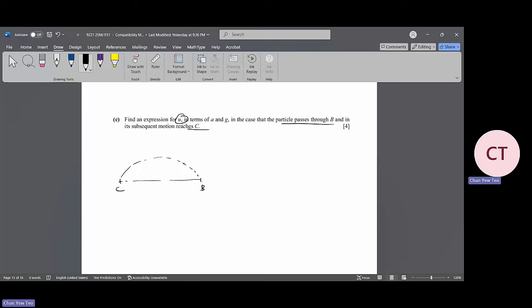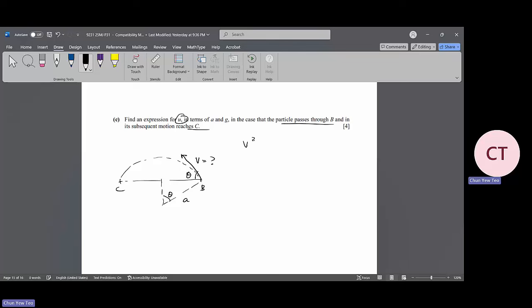It is no longer circular motion, it is a projectile motion. This is your initial speed, V. The theta over here is the same as the theta here. This is the A. So what we need to do is find the V. How much is it?